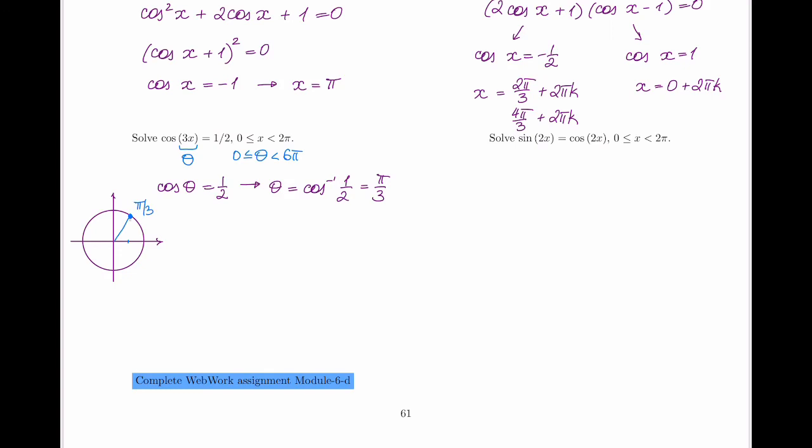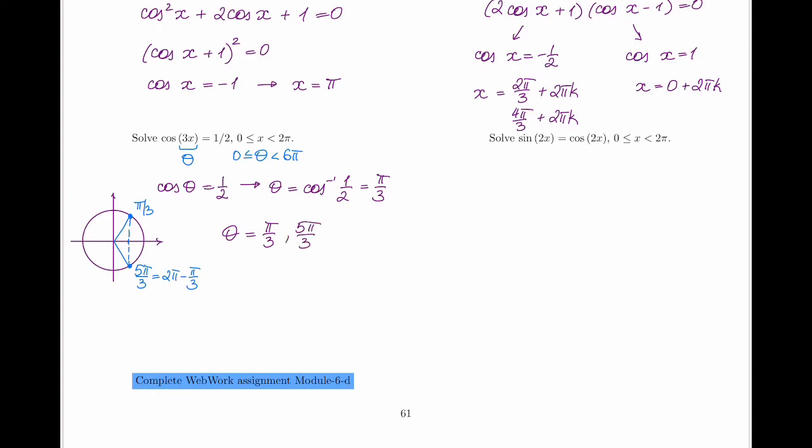But the same x coordinate is also true for this point on the circle, which is 2 pi minus pi by 3, or 5 pi by 3. Okay, so I will have two solutions for theta in the first rotation. So theta has to be either pi by 3 or 5 pi by 3.